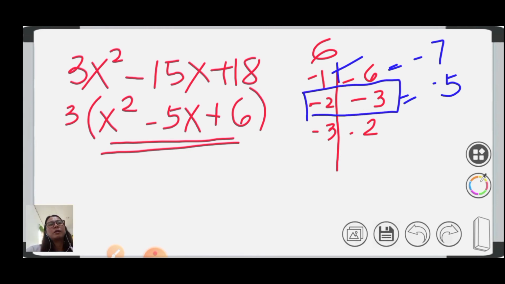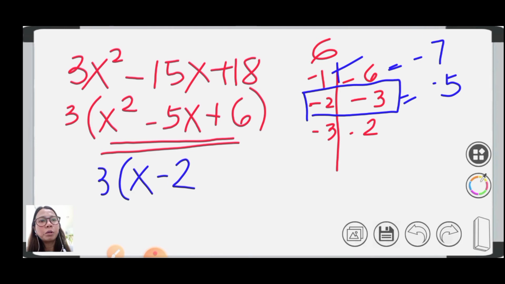Okay, so let us rename the factors of the trinomial. So 3, the quantity of x minus 2 and the quantity of x minus 3.